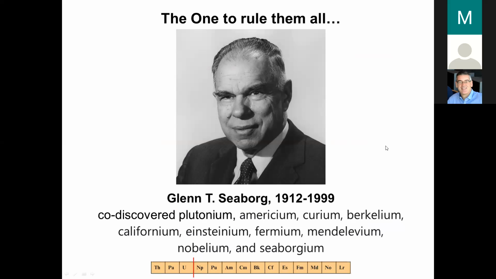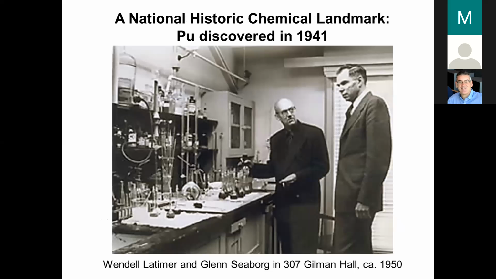So he was heavily involved in actinide and F-element chemistry back in his time, where we are particularly proud to say that in Gilman Hall 307 back in 1941, plutonium was discovered, which rendered this laboratory a national historic chemical landmark for today.